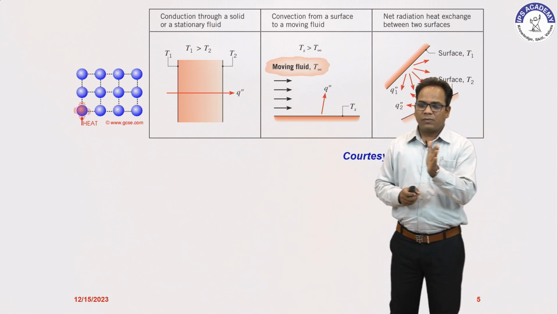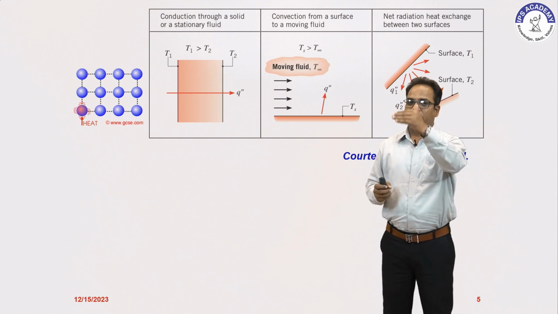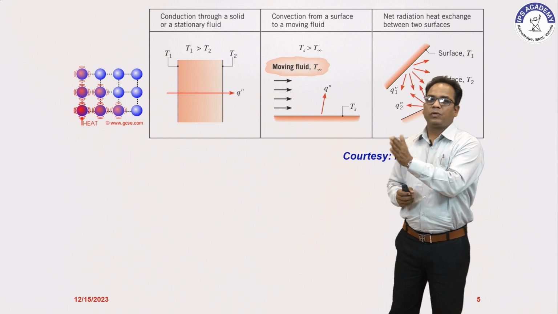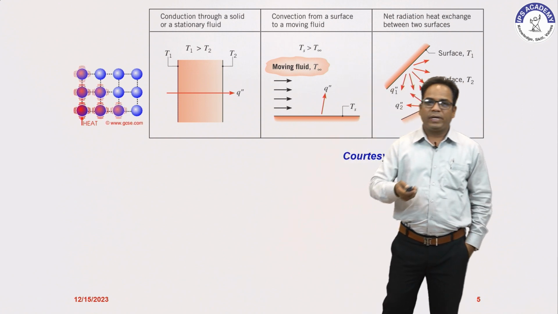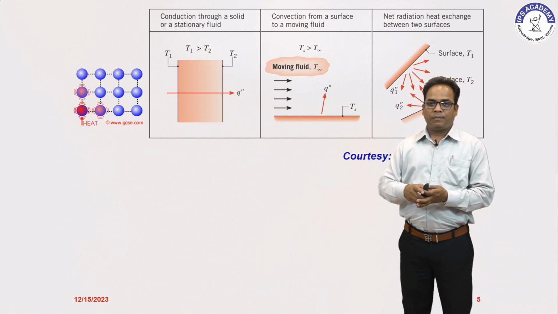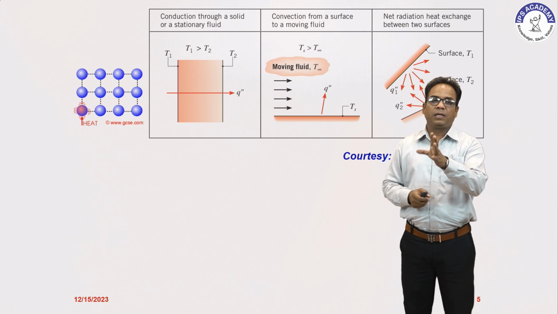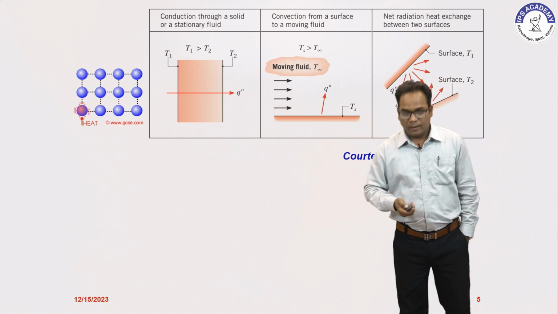In this way the heat can be transferred from a surface to the flowing medium, and that's why it is known as convective heat transfer. Another mode of heat transfer is radiative heat transfer, but for this lecture, I will restrict myself to conductive and convective heat transfer, right?